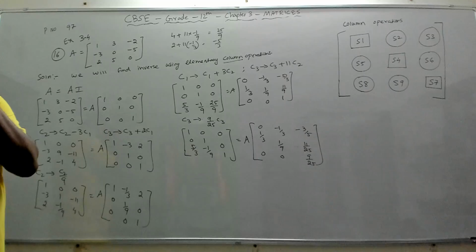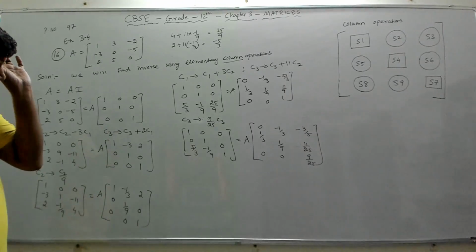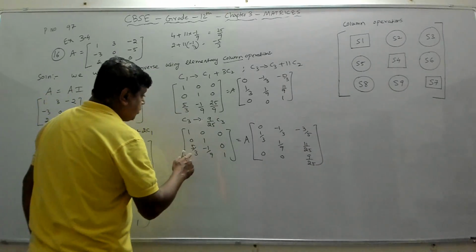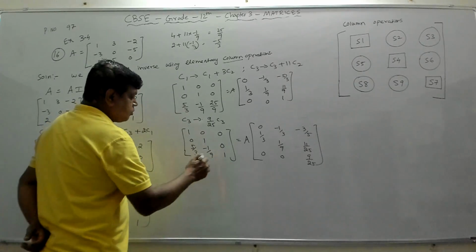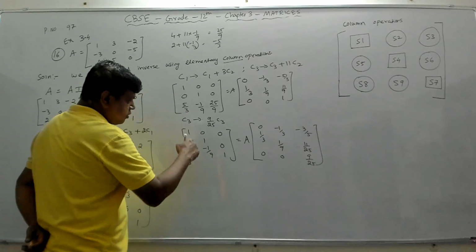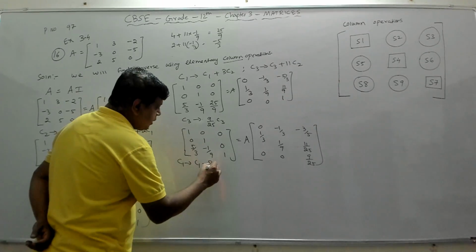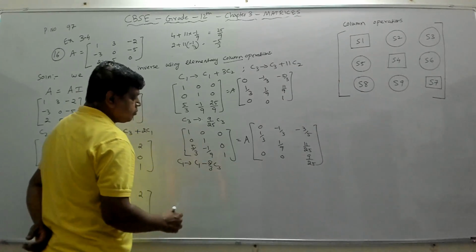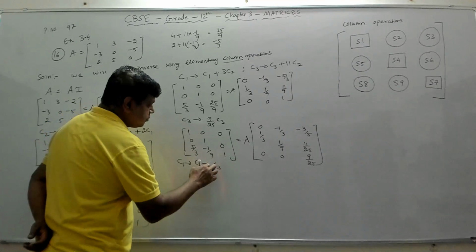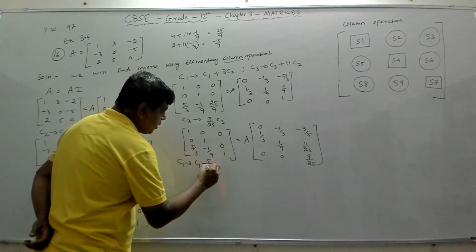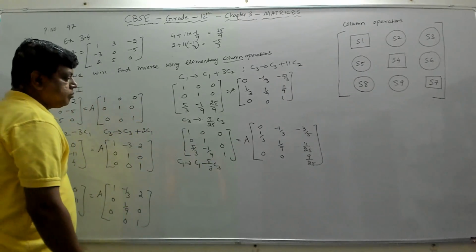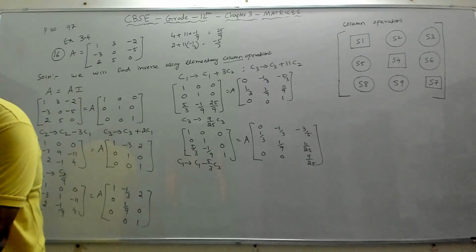I want to make this as 0 using this, which means, this is in C1, C1 implies C1 minus 5 by 3 times C3. Right? 5 by 3 times C3. I'll try to erase this. Okay.